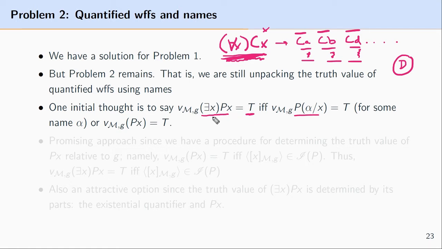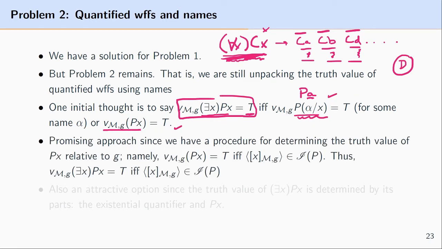So ∃xPx is true if and only if something like Pa is true for some name. It doesn't have to be a, but some object that we can name, and since all objects are named, for some it could be true. Or we could say that Px is true. So it could be one or the other. This existentially quantified expression is true, provided Pa for some name is true, or Px is true.